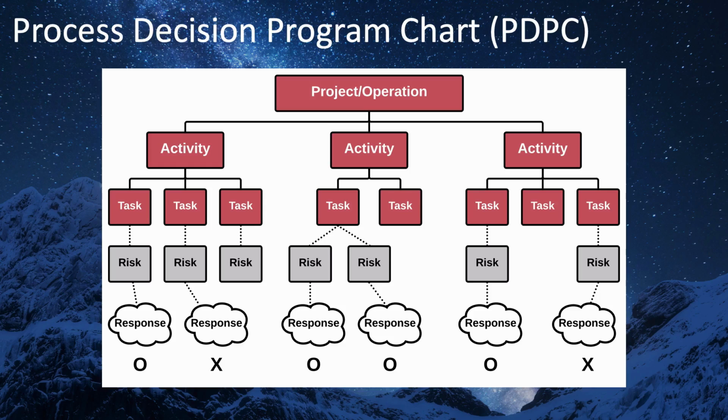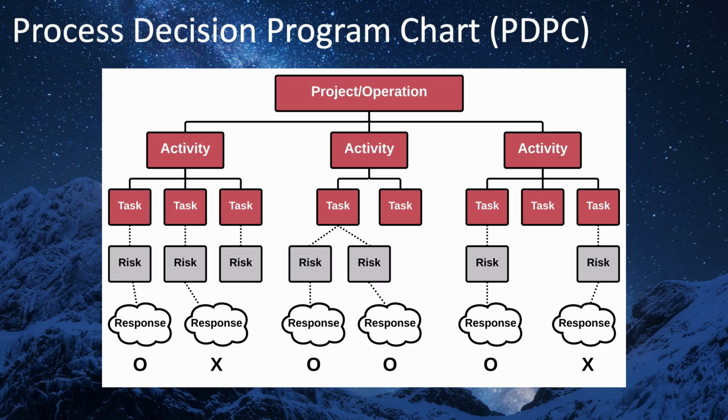You continue to break this down into lower levels of detail, getting to work packages or tasks, or whatever level is necessary to allow you to most effectively identify and list the risks, what could go wrong, with each of these. For each risk, you then see if you can come up with one or more responses to manage the risk, and then you use X's and O's to mark which responses to implement.